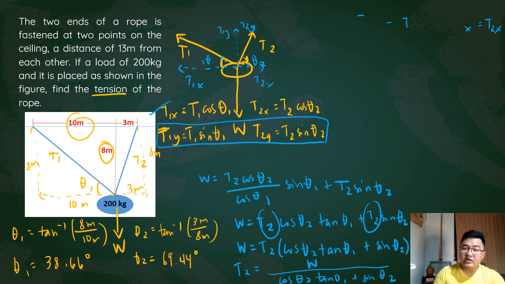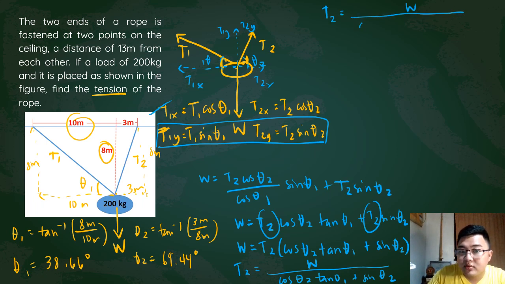So what we need to do here is just to substitute our known values. Again, our equation: T2 is equal to weight over cosine theta 2 tangent theta 1 plus sine theta 2.